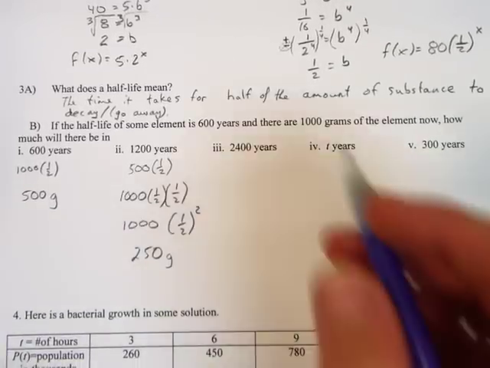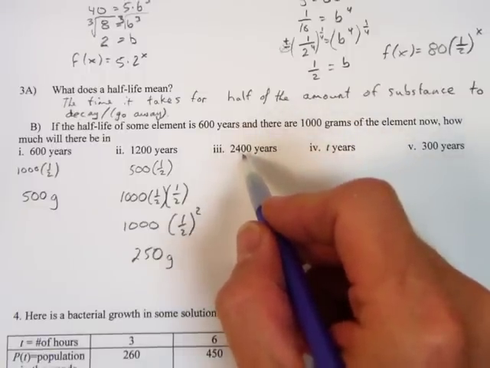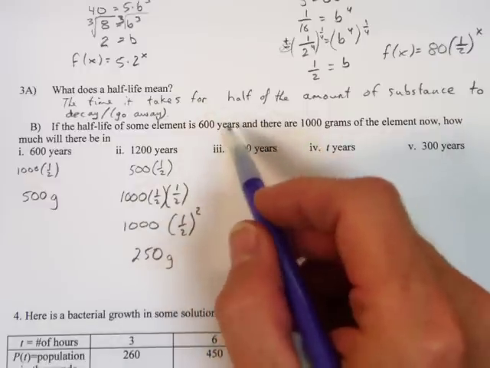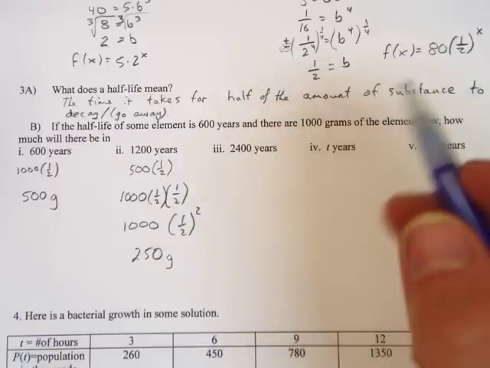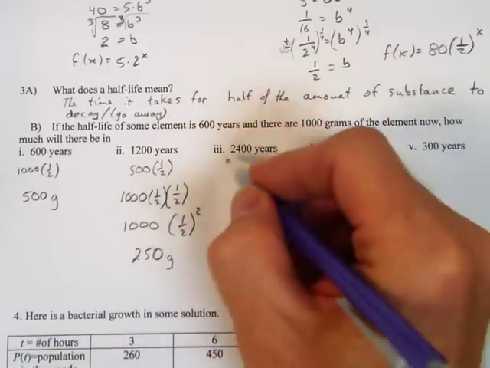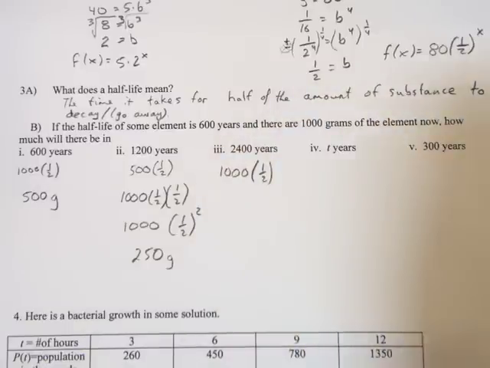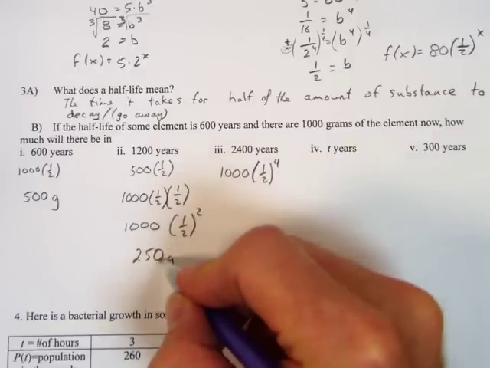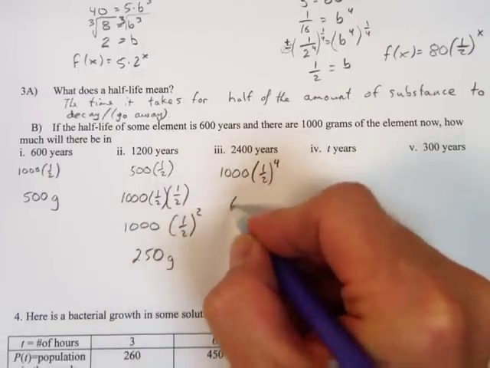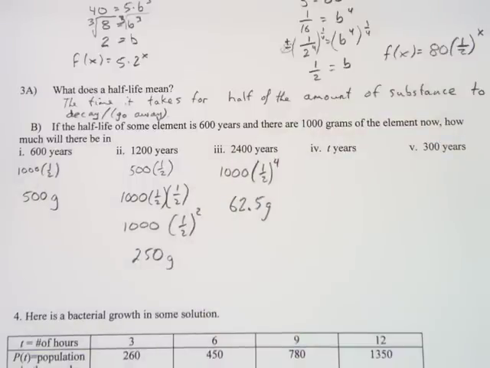Thinking in a similar way, how many half-lives are we going to have here? 2,400 years would be 4, because 2,400 divided by 600, so it means 4 times we're going to have multiplied by a half, and instead of writing all of that out, we can say 1,000 times 1/2 to the 4th. And when you do that, you get half of 125 and another half of 125, which would be 62.5 grams. We can do that one without a calculator.